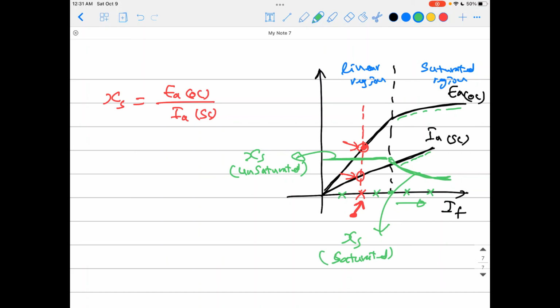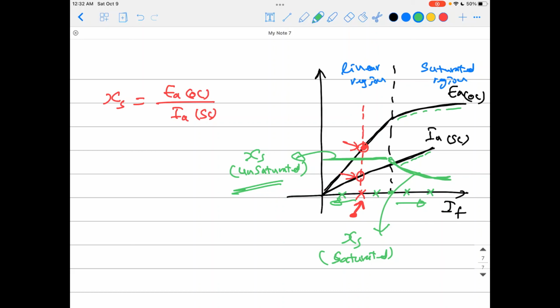So if you want the unsaturated value for XS, pick a value where IF is as small as possible. That's guaranteed you are working in the linear region, and that will give you the value for the unsaturated XS. And that is actually the value we deal with most of the time.